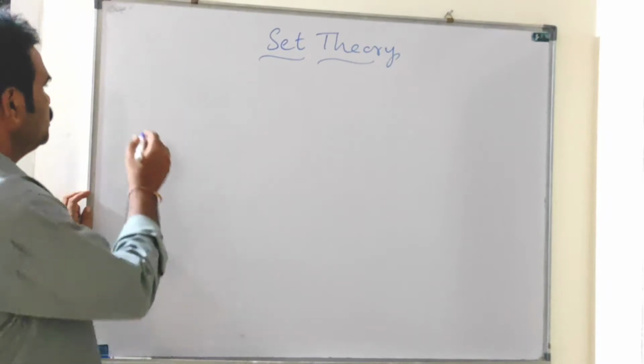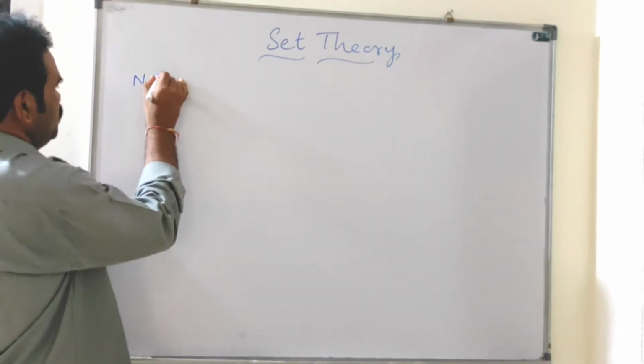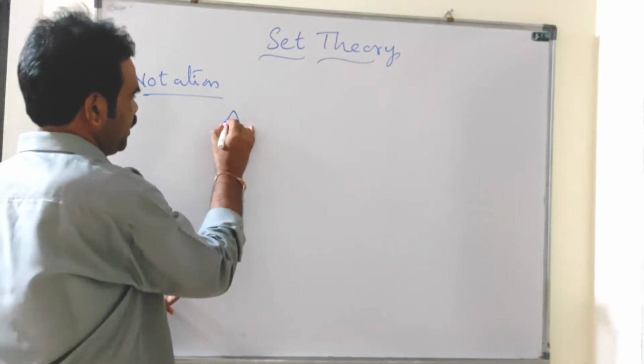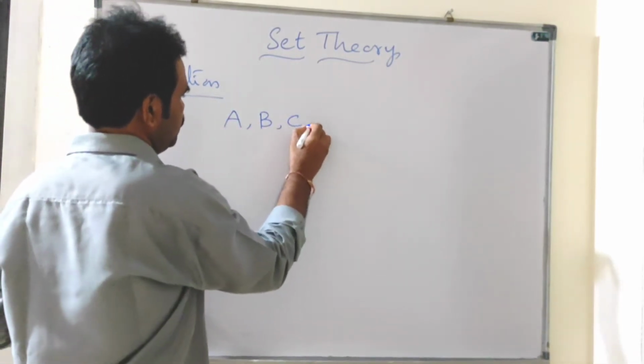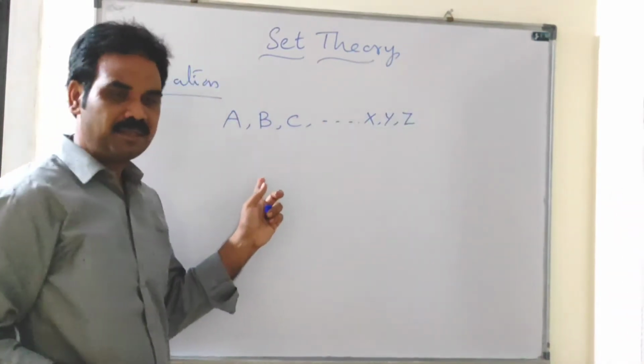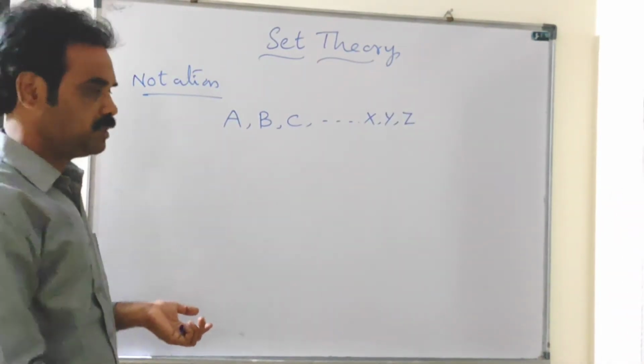Notation for sets. Capital letters A, B, C and so on, X, Y, Z will be used to denote the sets.